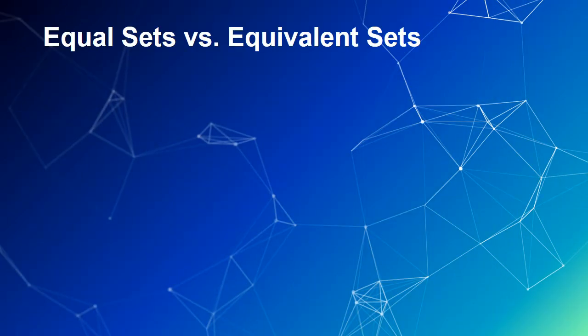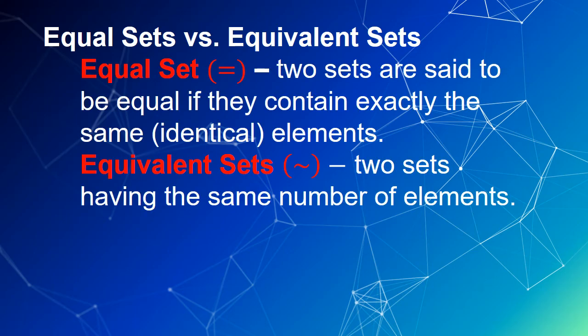This is what we call equal sets and equivalent sets. In mathematics, these two terms are actually equal, but if the topic is all about sets, these are entirely different. So take note, equal is not the same as equivalent when we are pertaining to sets. Because for equal sets, the symbol is the equal sign that we use in an equation.